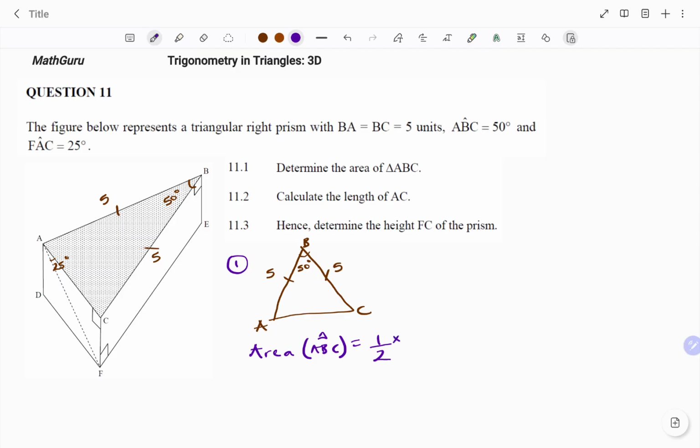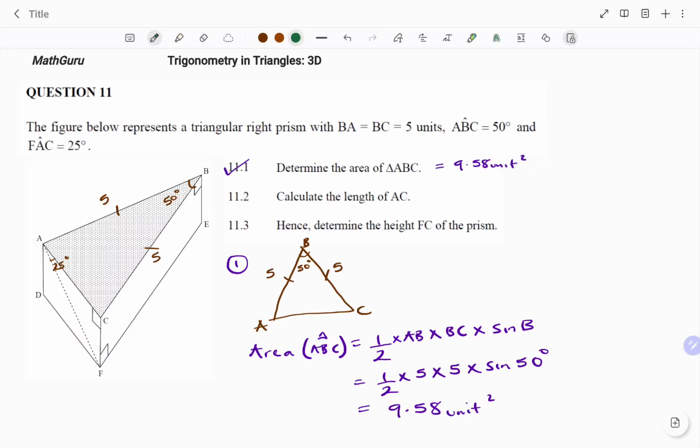So we have half times AB times BC, and then times the sine of the angle subtended by the sides, that's sine B. Putting in my values, I have half times 5 times 5 times sine of angle B, that's 50 degrees. And if I slot that into my calculator to 2 decimal places, I have 9.58 square units.